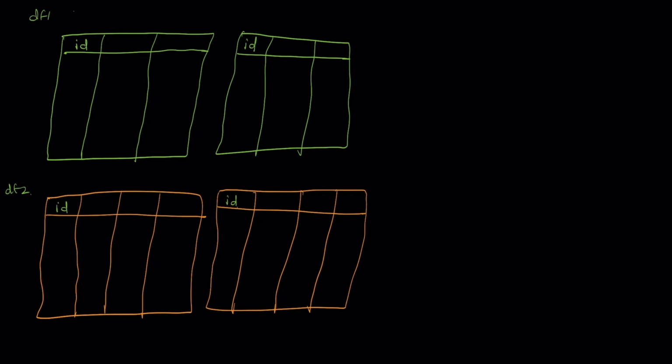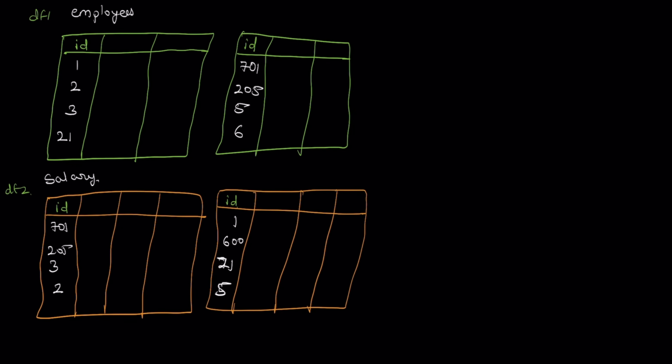Let's say our DF1 is about employees and DF2 is about the salary of those employees. Let's say we have the employee IDs as, let's say this is how our data is looking like right now.